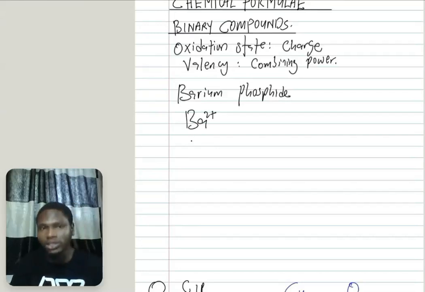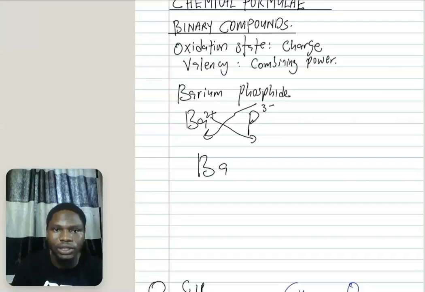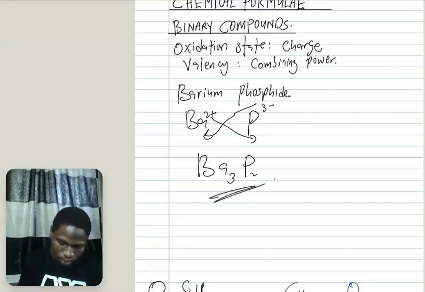It is not included because it's not part of the first 30, but just take note, barium is 2+, and phosphide is P3 minus. So exchange the valencies. You have Ba, that 3 comes here, Ba3, and you have P2. Do you see that? That's how it is, simple as that.